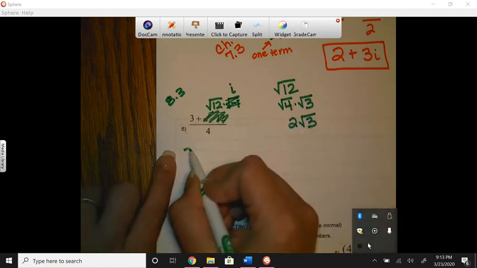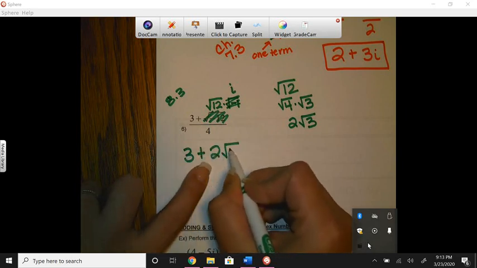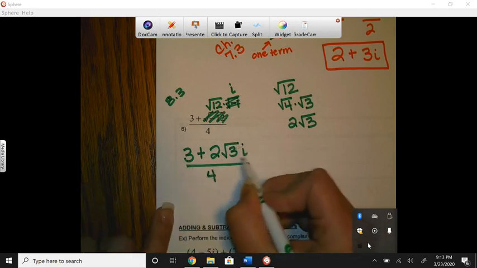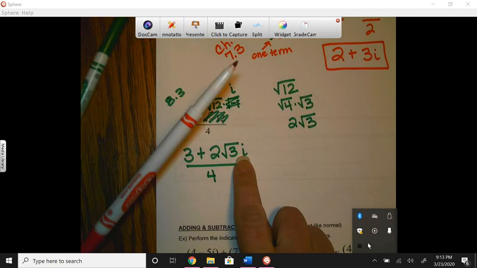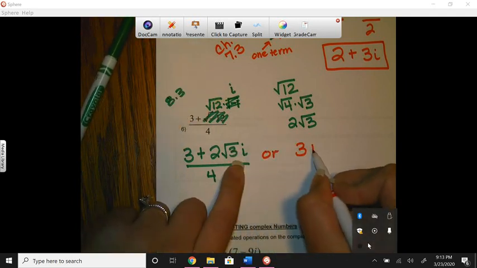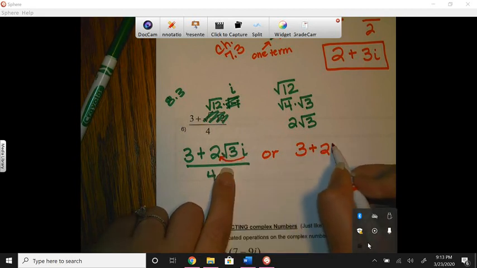So now we can rewrite this as 3 plus 2 radical 3, and then we have the i all over 4. Now again, I don't write it like this because it looks like the i can be in the radical. So instead, I recommend writing the i in front here. So it's 2i radical 3.